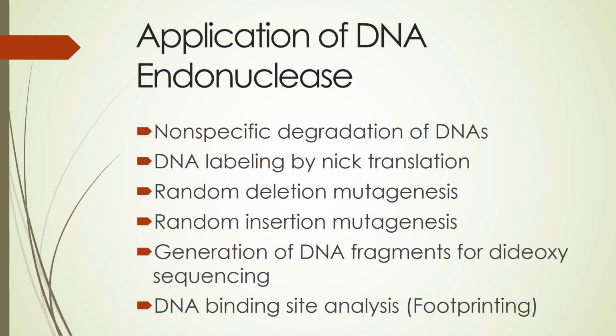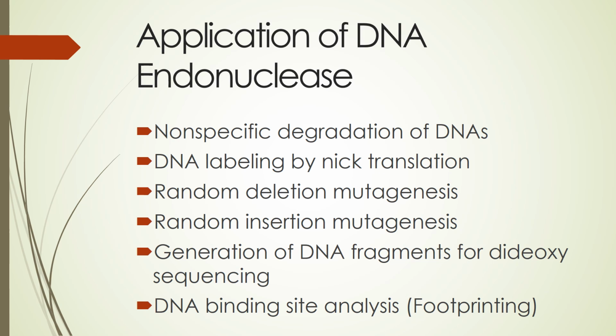The nicks serve as a priming site for E. coli DNA polymerase 1, which by virtue of its 5' to 3' exonuclease activity removes nucleotides from the 5' side of the nick, and at the same time synthesizes a new strand from the 3' side of the nick, in a process called nick translation. In the presence of one or more radioactive dNTPs, labeled DNA suitable for hybridization can be generated by the nick translation.